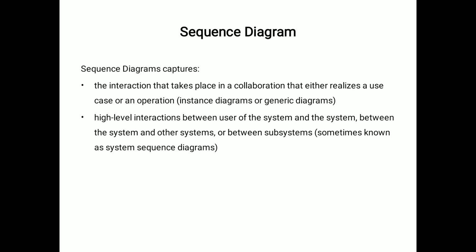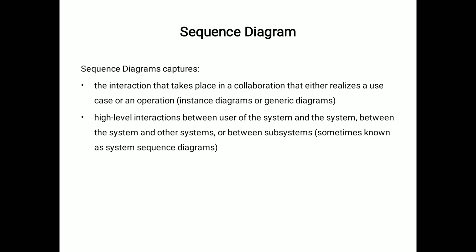You all know UML, the Unified Modeling Language, is divided into two fragments: structural diagrams or physical diagrams and behavioral diagrams. So your sequence diagram comes under behavioral diagrams. This sequence diagram captures the interaction that takes place in a collaboration that either realizes a use case or an operation.